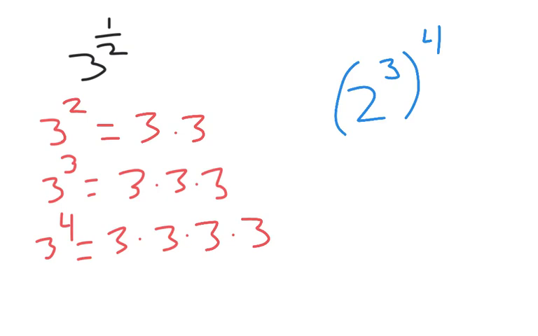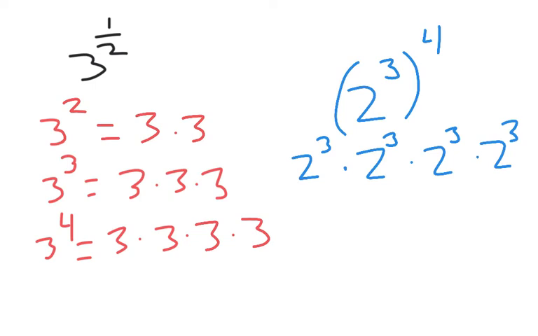We can think about what this means. This would be 2 to the 3rd times 2 to the 3rd times 2 to the 3rd times 2 to the 3rd. I'm multiplying 2 to the 3rd by itself 4 times.